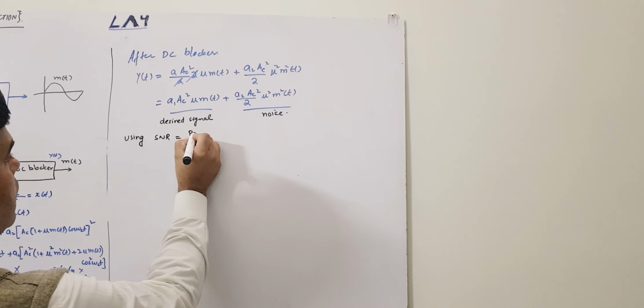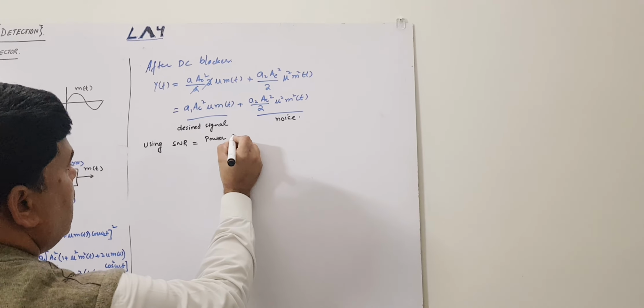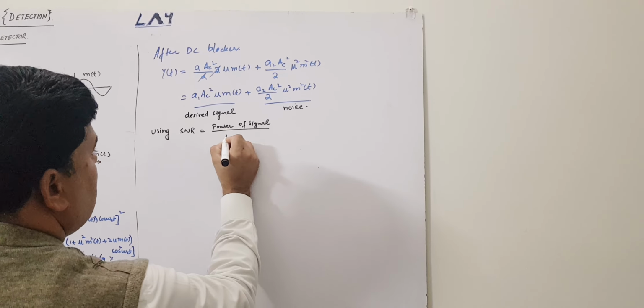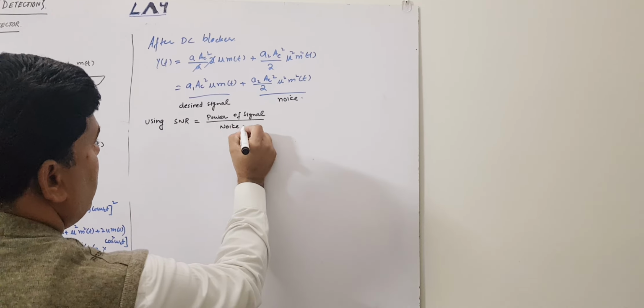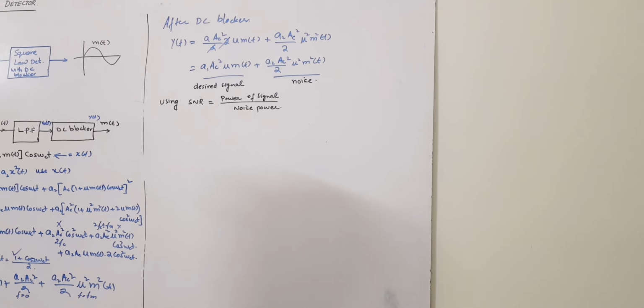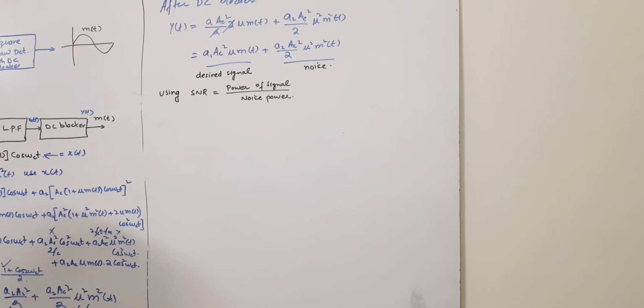Signal to noise ratio, you can say, is power of signal divided by noise power. So you can minimize the noise using that term.